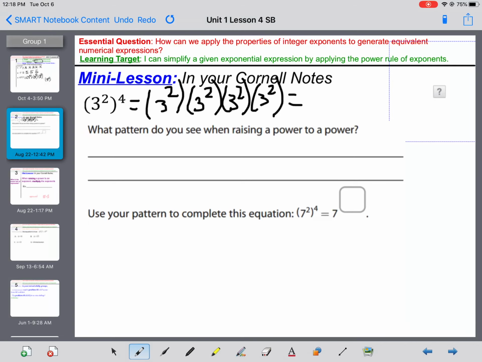Now, each of these really mean that in each parentheses there's 2 3s.